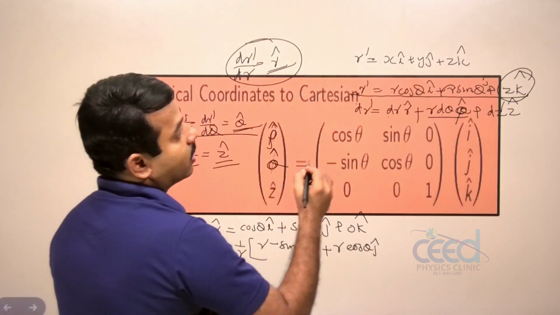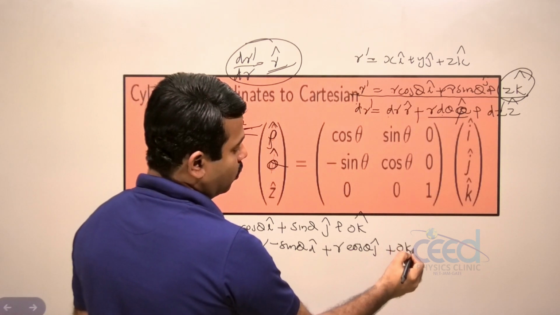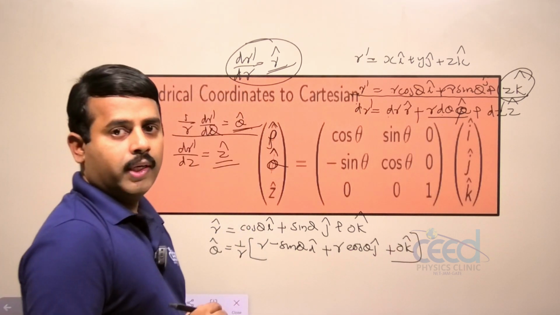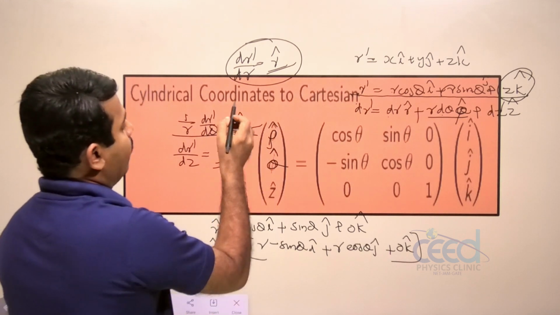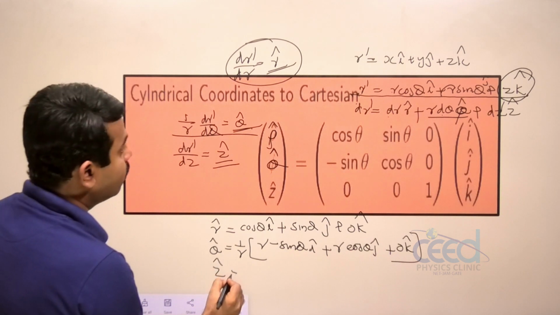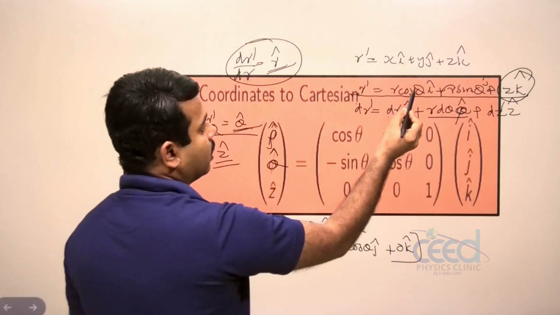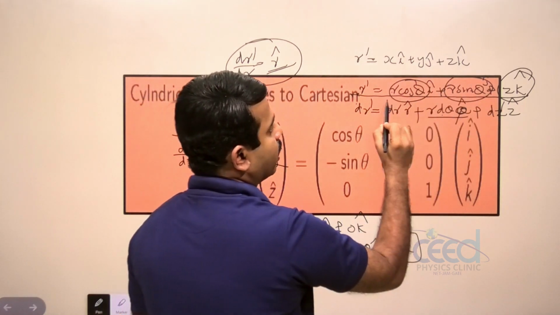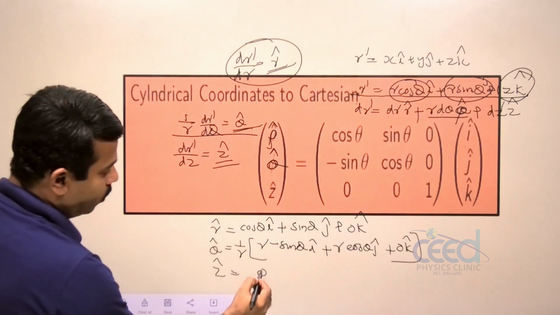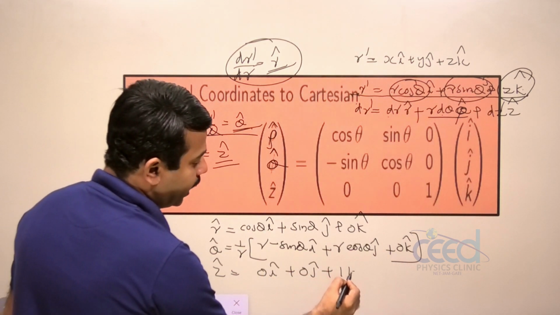With respect to θ, z on doing again 0, 0 k cap, alright. Now again I am writing z cap, what is that? dr' by dz is 0 because here no z variable, here only 1. Then 0 i cap plus 0 j cap plus 1 k cap.